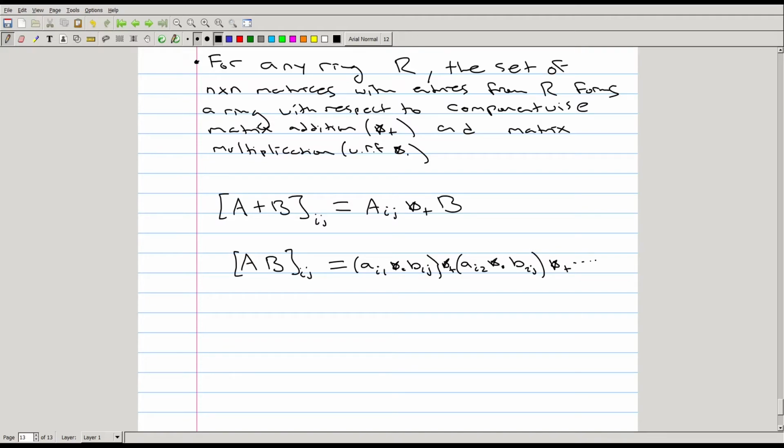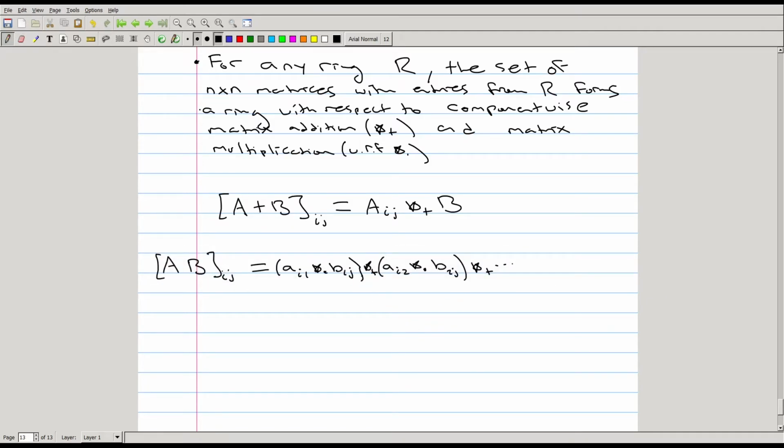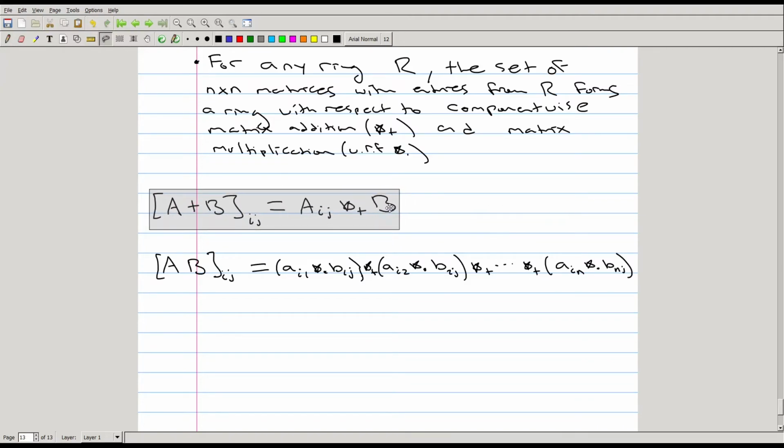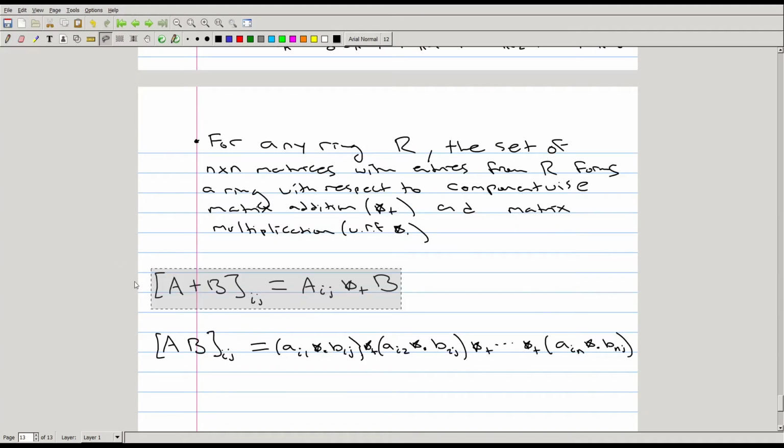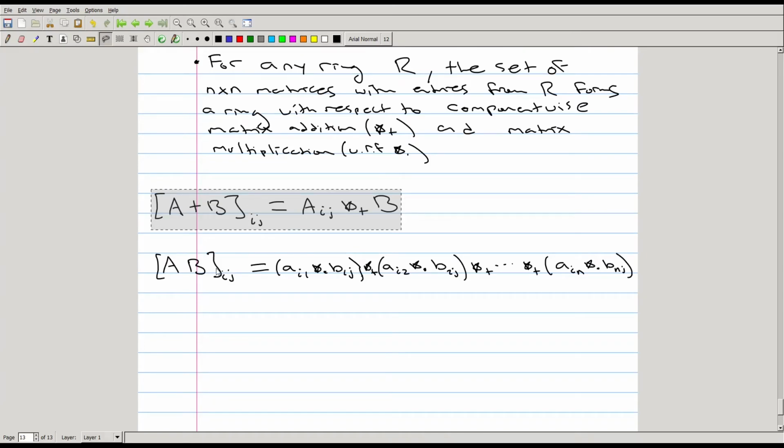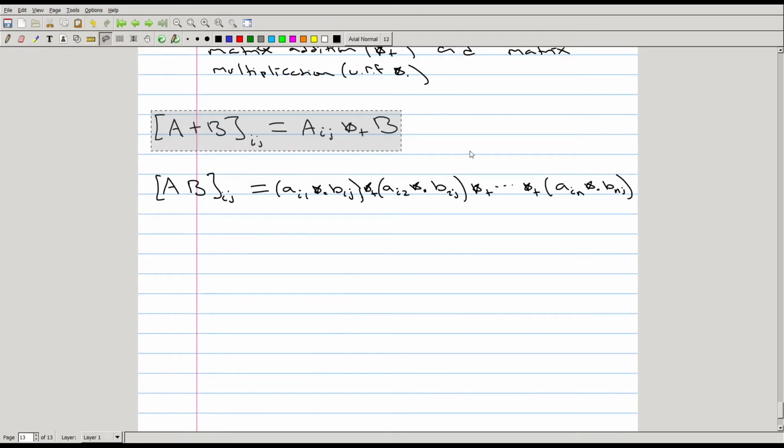Star plus all the way up to star plus Ain star dot Bnj. So this star plus here is coming from the ring R, and this star dot is coming from the ring R. The operations for the matrix ring are the standard matrix operations.